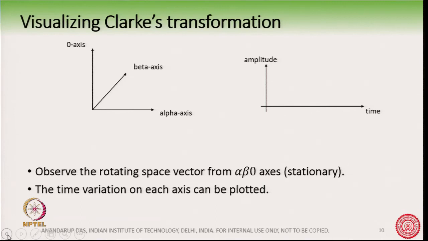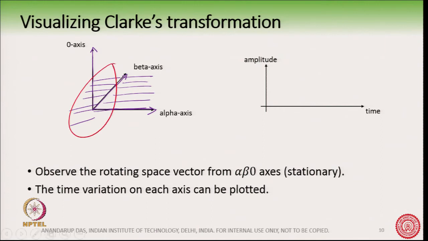So, coming back to this diagram, this is the alpha beta axis which is on this plane, and then there is the 0 axis which is 90 degrees to this plane. There is a vector which is rotating, and you will then be able to see the projection of this vector.